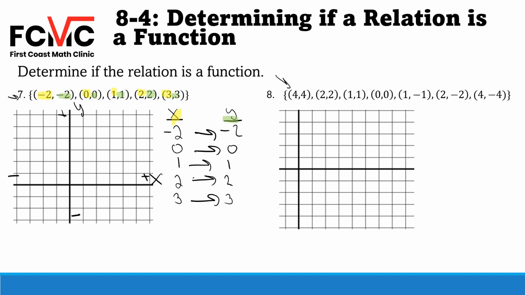So -2, -2 is going to be right here. So it's -2, -2. 0, 0 is right here. 1, 1 is right here. 2, 2 is right here. And 3, 3 is right here. Okay? So if we connect these, we're going to get a line that looks something like this.